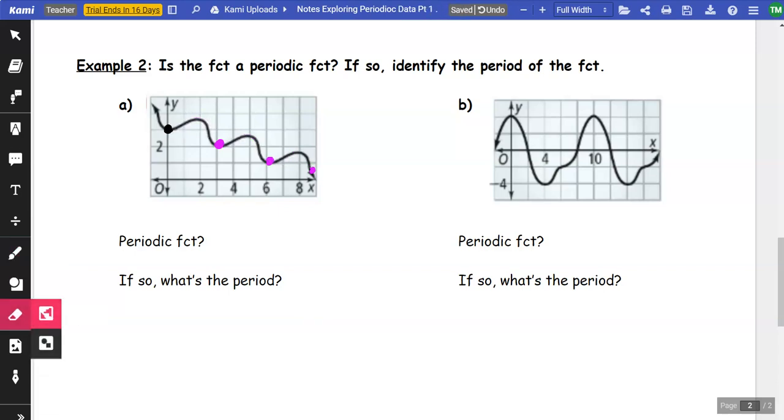So for this first part, we have a y value of 2 and then a y value of 3 going up to like 3.8, 3.7, and then back down to 2. But then here we start at 2, up to like 2.6, and then down to 1. So the y values within each of those patterns aren't repeating. Therefore, this is not a periodic function.